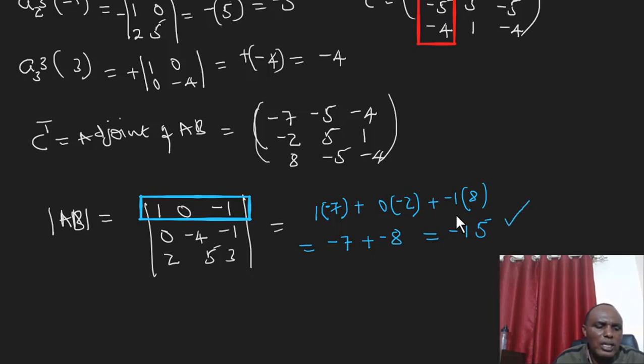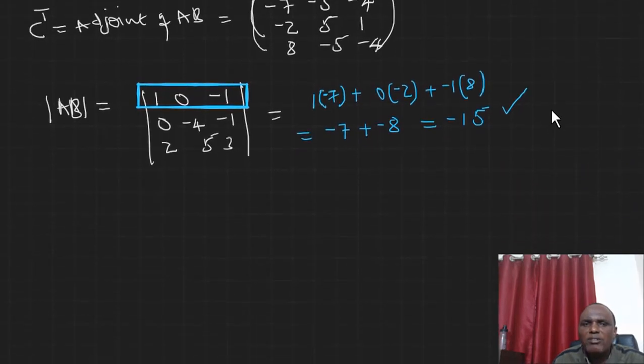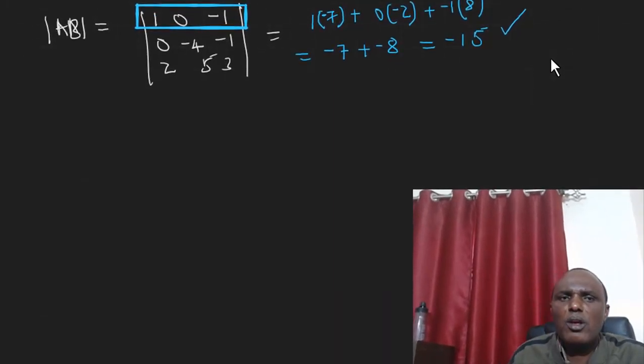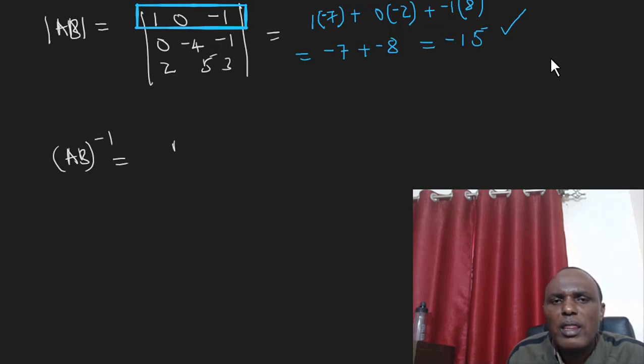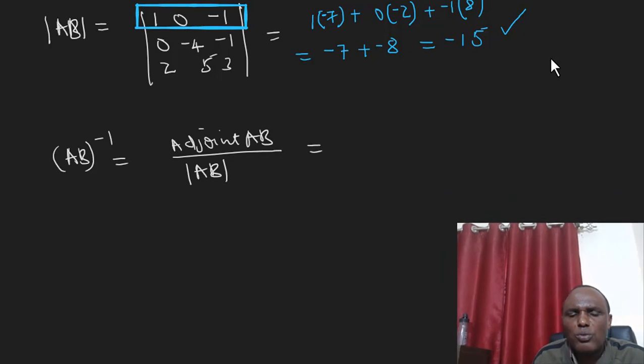We want now to get the inverse of the product AB, and we say that the inverse will be the adjoint of AB, which we already have, divided by the determinant of the product AB.